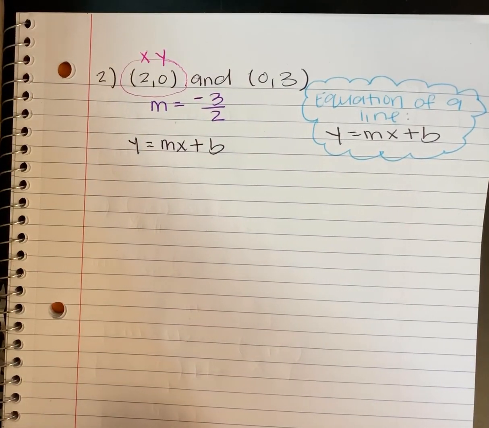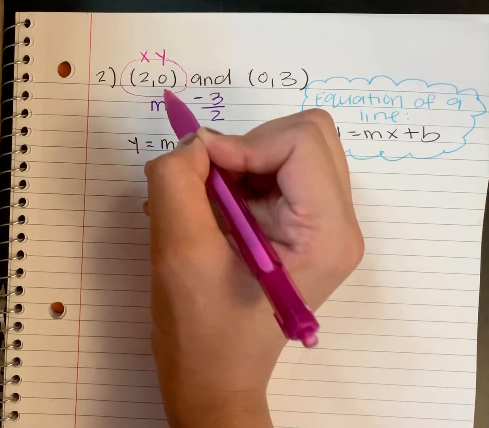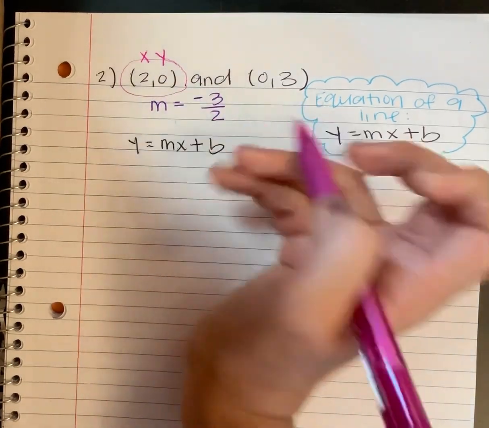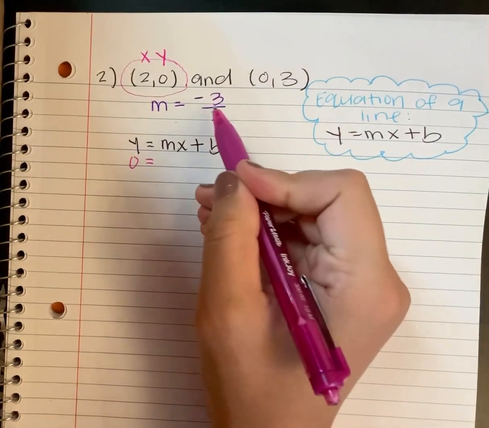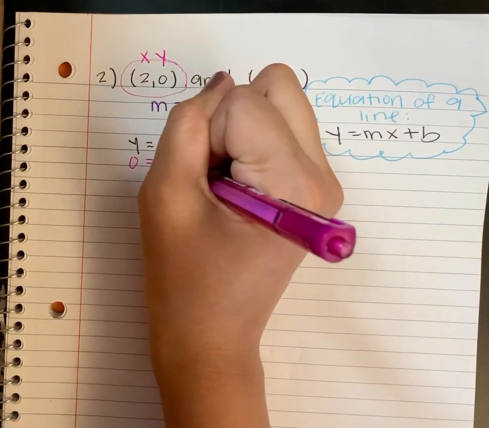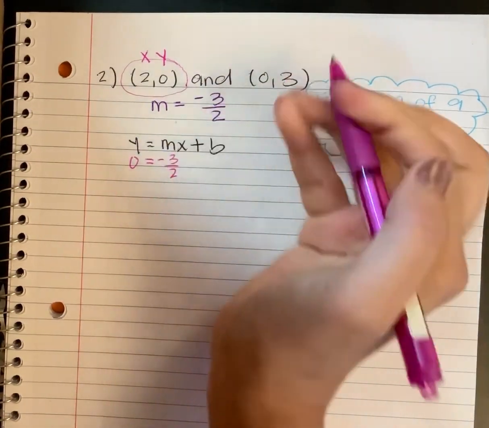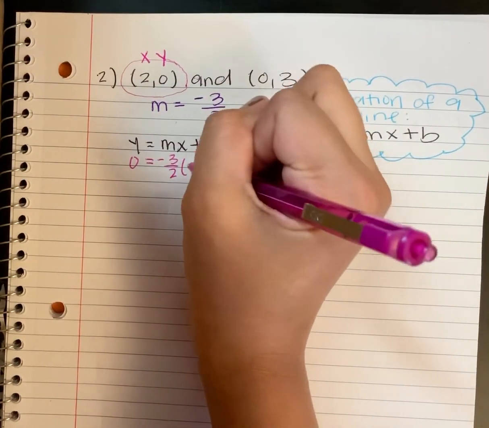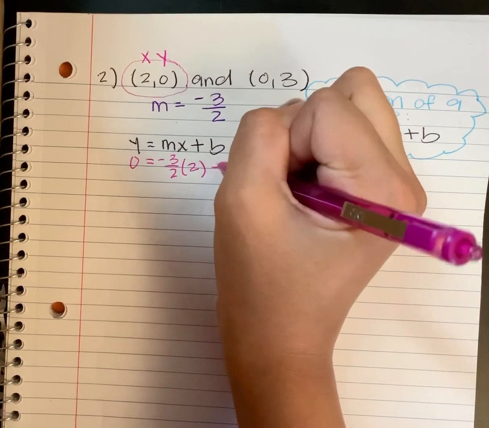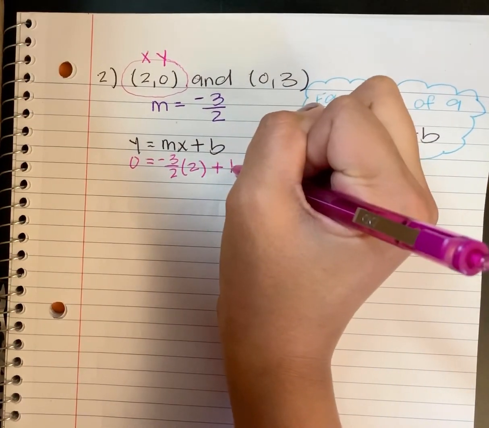And let me plug in everything that I know. So I know my y is 0. I know my m is -3/2. I know my x value is 2. And my b value is what I am trying to find.